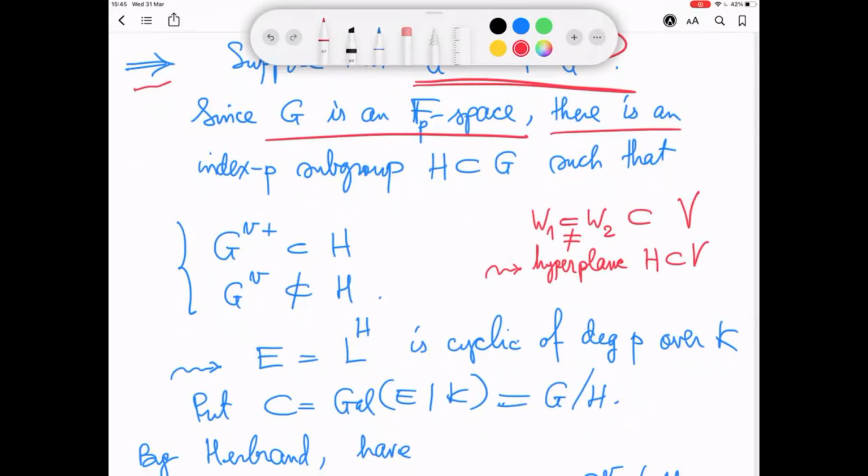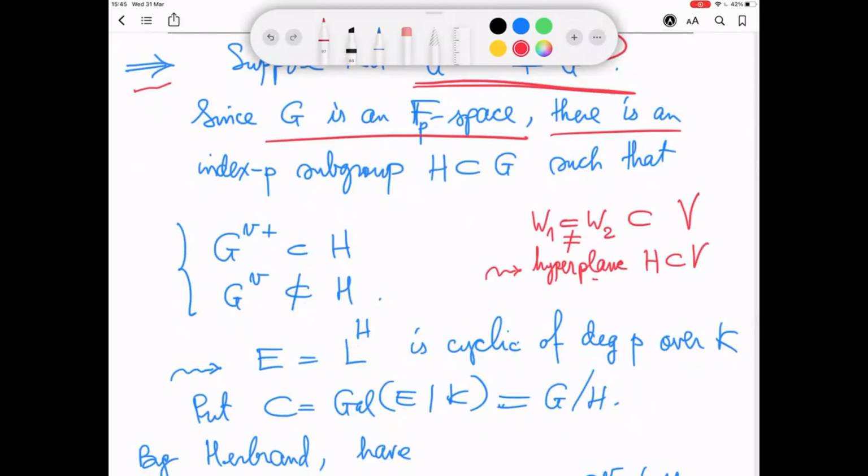Hyperplane means codimension 1. Then there is a hyperplane which contains W1 but does not contain W2.